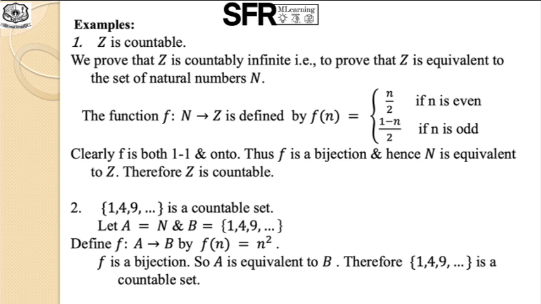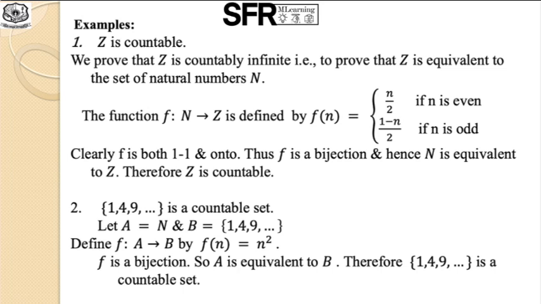Therefore, every natural number 1 goes to 1, 2 goes to 4, 3 goes to 9, etc. Obviously, every element in the domain has an image in the codomain set B. Therefore, the map f is one-one. Similarly, we can prove that every element in the codomain 1, 4, 9 has a pre-image in A in the domain. Therefore, f is a bijection.